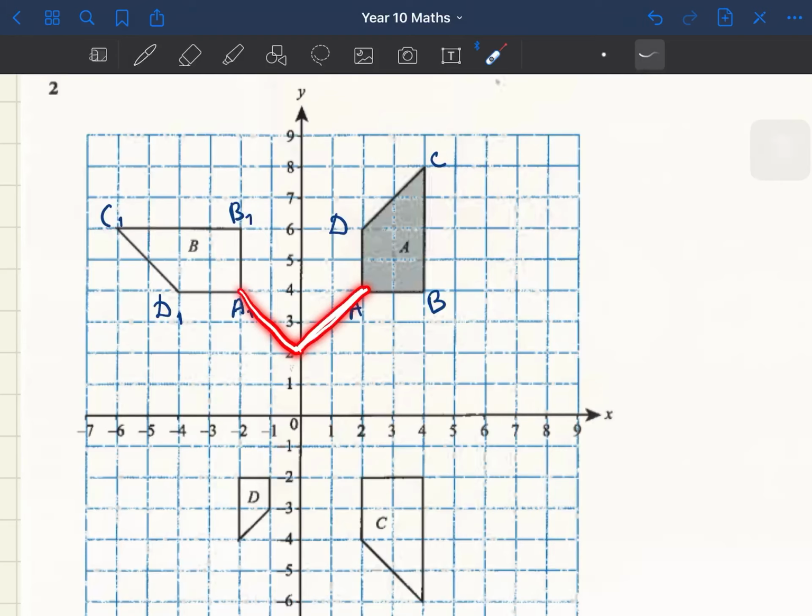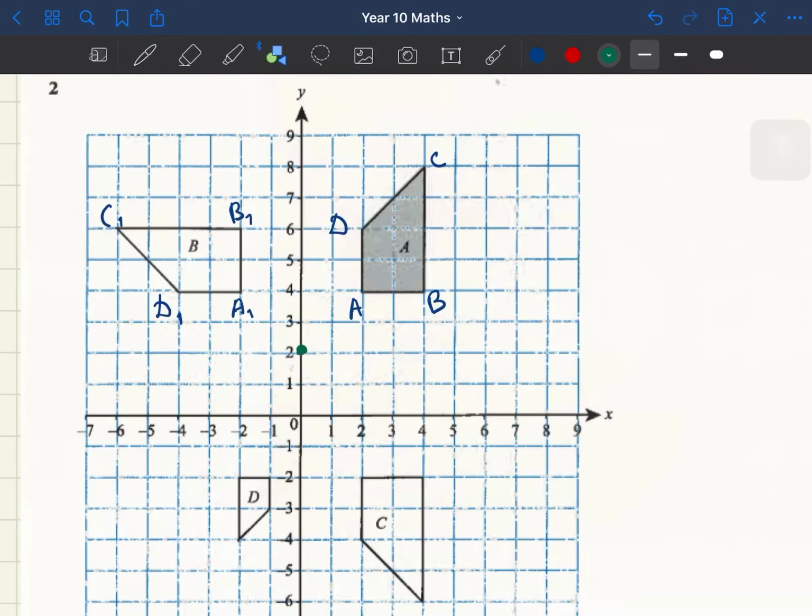Let's check more. Let's check D. So D goes like this. Yeah, I'm sorry, it's not very comfortable. This is also a right angle. Look at this, C, another right angle. So this is our center of rotation.